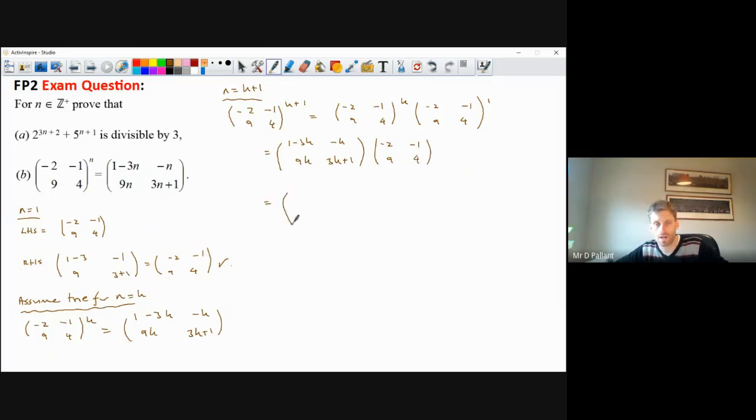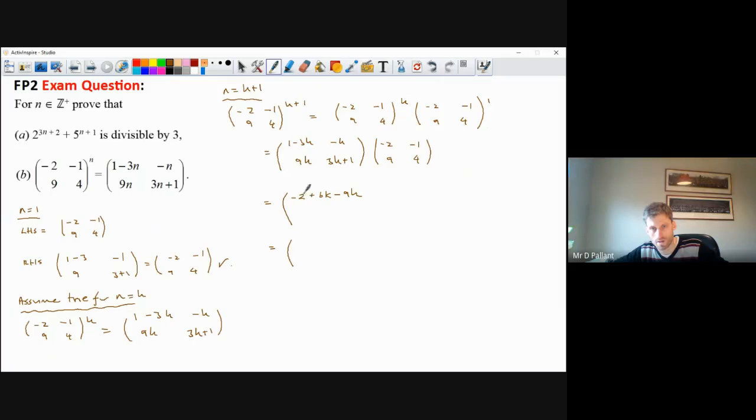And we're going to times those, and we're going to make sure we are doing a proof here. So we're going to show what we're doing. We're not going to just write the answer down because then we'll be arriving at the answer too quickly. So we've got 1 minus 3, we've got that one times that one, and then that one times that one. So we've got -2 plus 6k, okay, minus 9k, that's okay, minus 9k there. On this next one down, I'm going to start simplifying those.